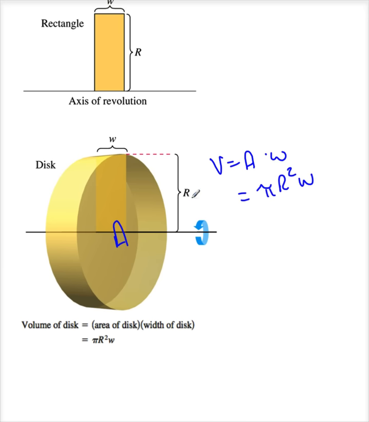Now what we're going to do is the exact same thing, but instead of W, we're going to have a dx, a delta x, and instead of r, we're going to have a function of x.